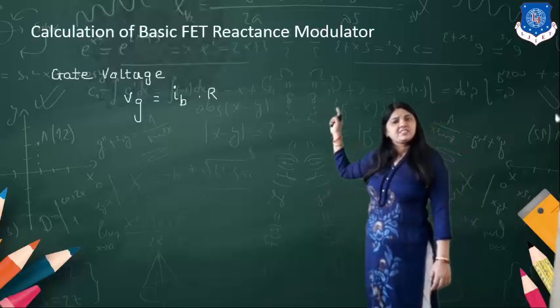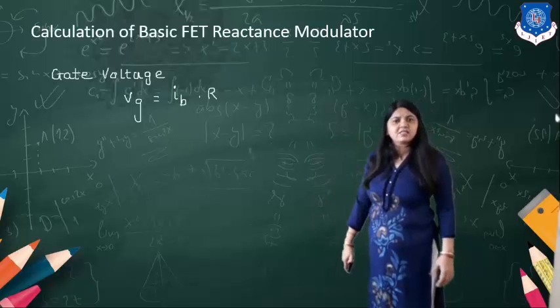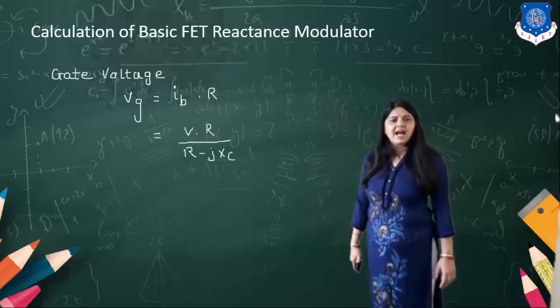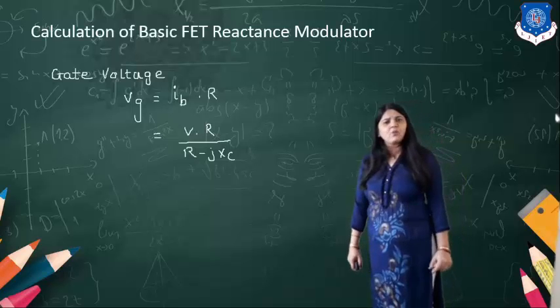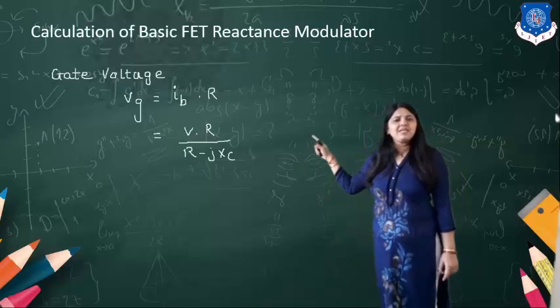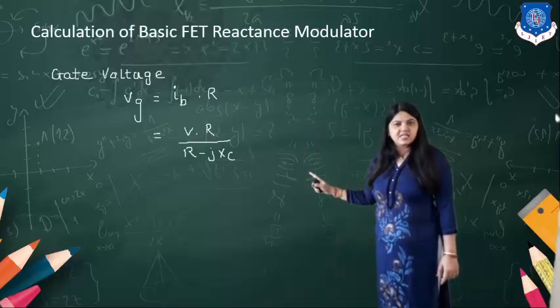So the gate voltage is VG. What is VG? VG is IB into R. Now what is IB? IB is V upon R minus jXC.